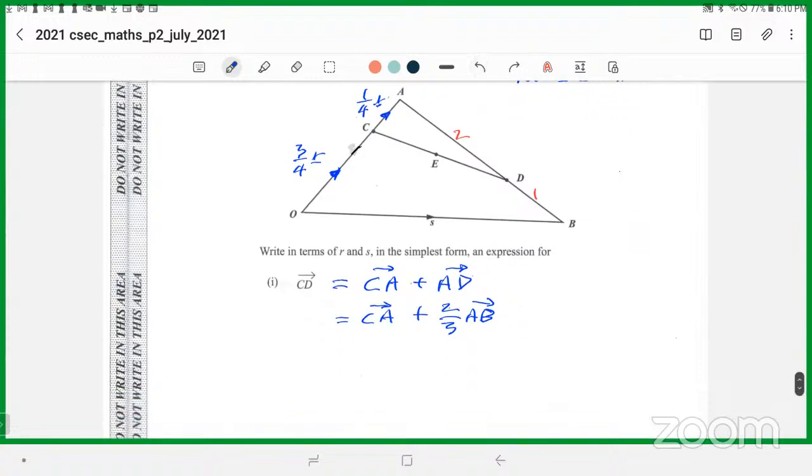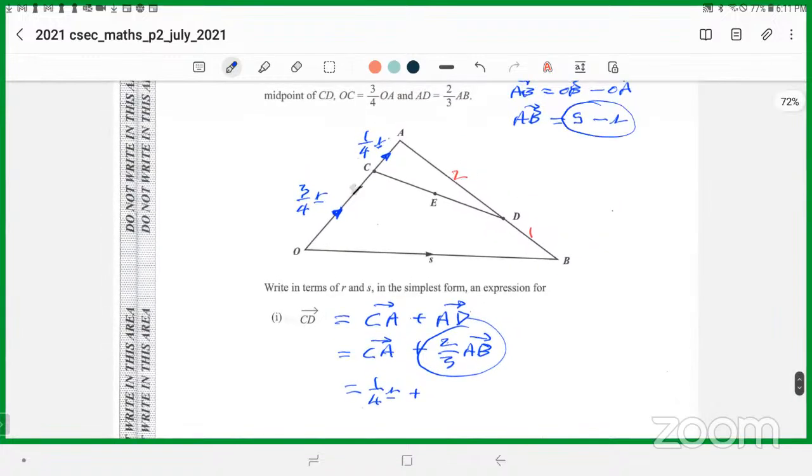The CA is a quarter R, so it becomes a quarter R plus 2/3 of AB, which means 2/3 of each of those parts: 2/3 S minus 2/3 R. If you multiply this by 2/3, we have a 2/3 part there and a 2/3 part there.